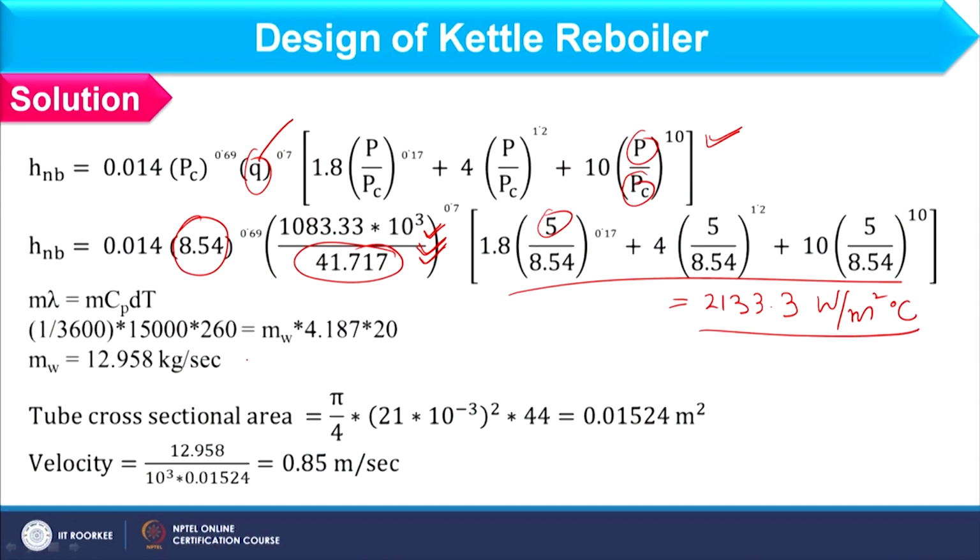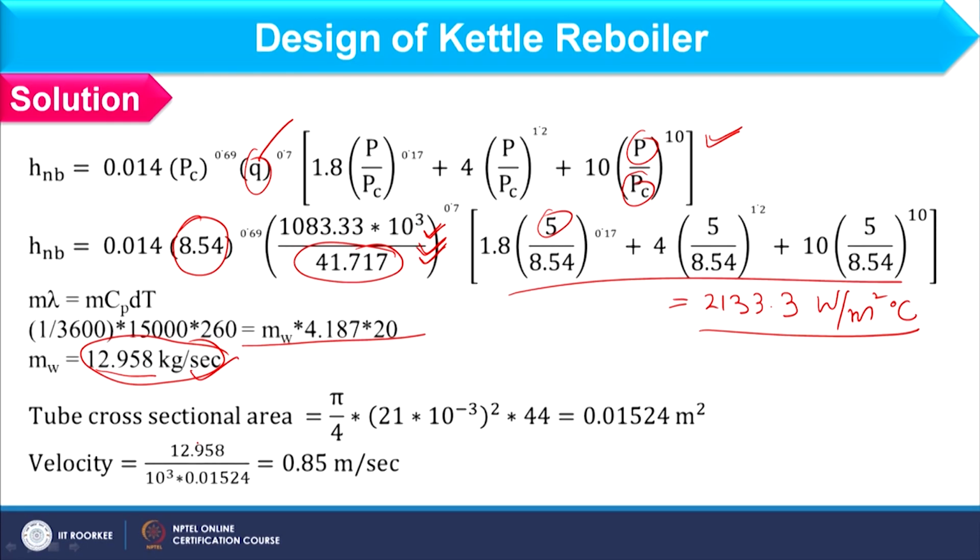First of all, we have to find the flow rate of water, which we can find simply by making an energy balance. So, mass flow rate of water you can obtain as 12.958 kg per second.